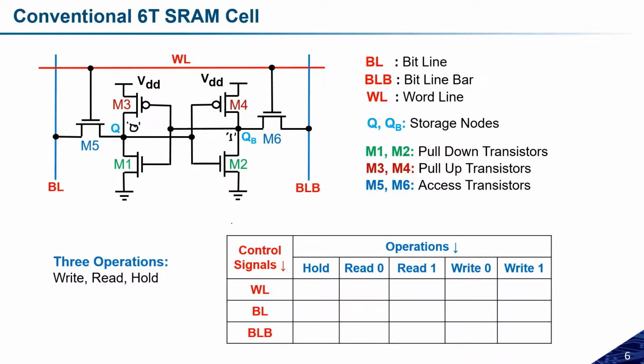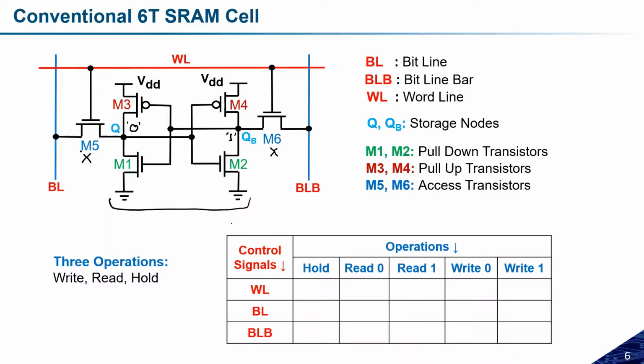And now if I want to hold the data, how can I hold it? See here, if somehow I am able to remove the transistors M5 and M6, there will be no path to discharge through these bit lines. It will not get any path, and this whole block will be treated as a latch.